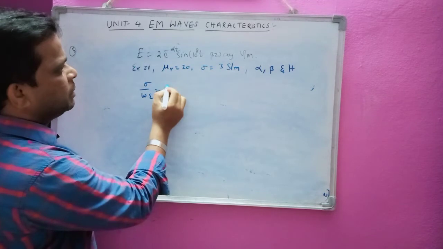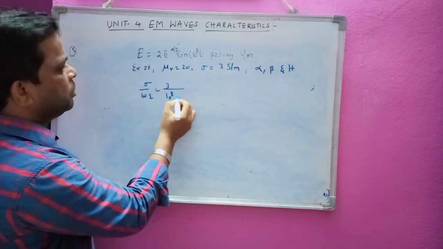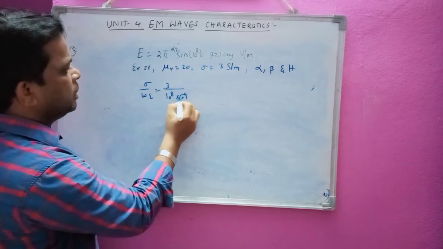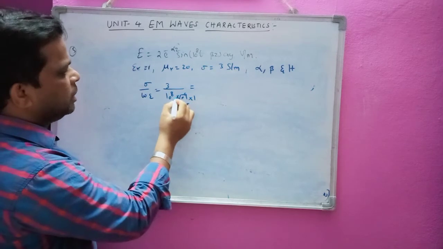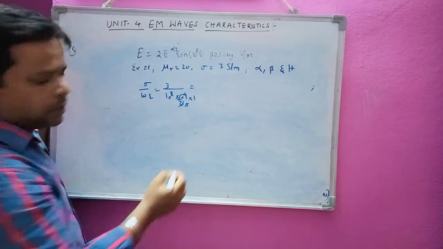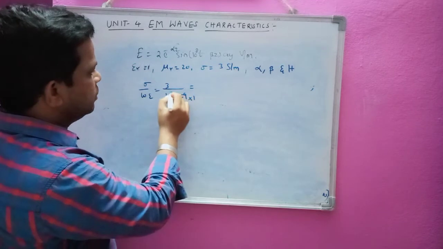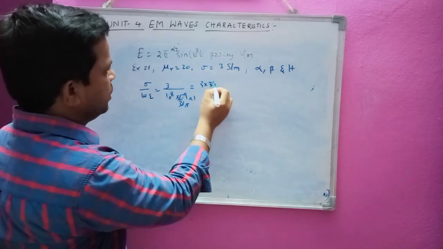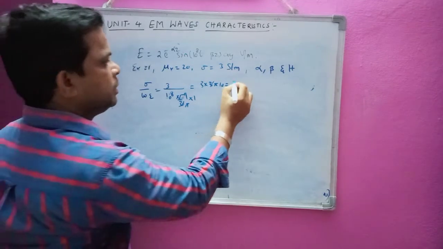Sigma here is given as 3 Siemens per meter, omega is 10 to the power of 8, and epsilon is epsilon naught into epsilon r, where epsilon naught is 10 power of minus 9 by 36 pi and epsilon r is 1. If I do the calculation, the terms will cancel, and finally I will get 3 into 36 pi into 10, which turns out to be 3393.